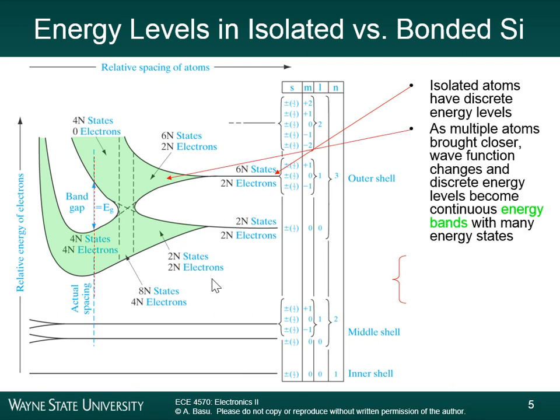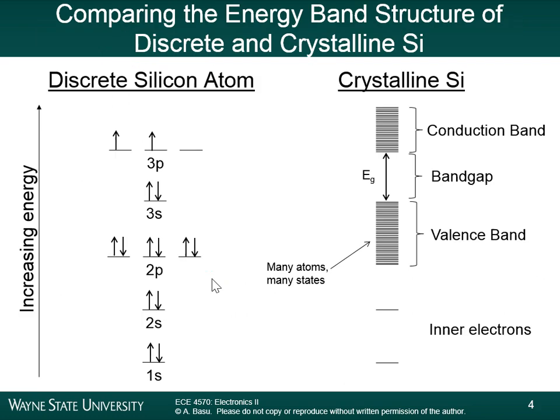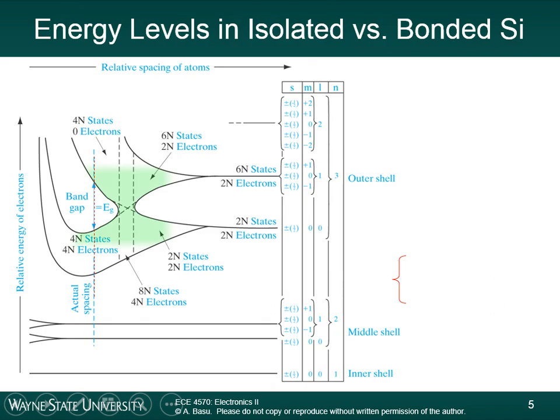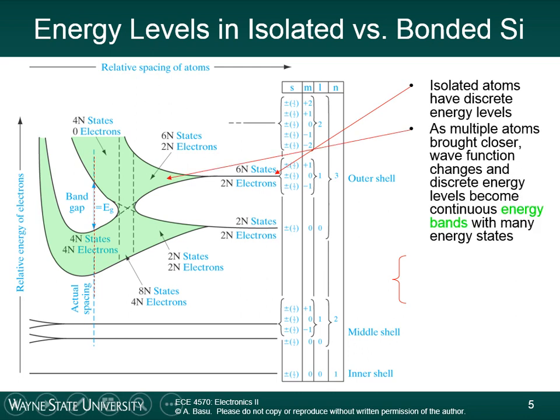Instead of drawing a whole bunch of individual lines like this, there's no point in doing that. We just shade it green to show that these are energy bands. As the atoms are brought closer together, the wave function changes, and the discrete energy levels become continuous energy bands with many energy states.